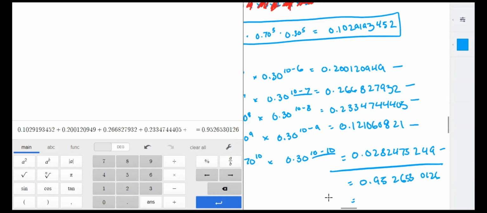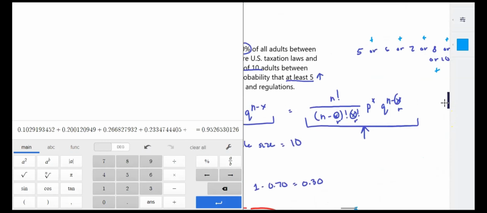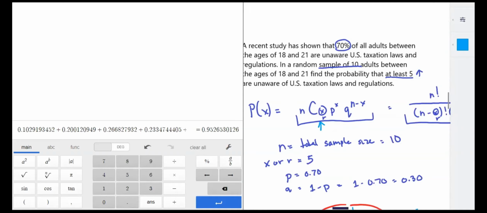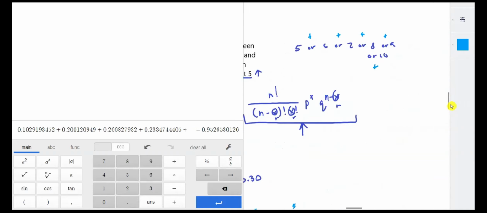Your particular homework or quiz or test problem might ask you to round to something else, but I'm going to round this to 3 decimal places, and I'm going to get 0.953. So, given this question and the information we were provided, the probability that at least 5 of the 10 in the sample are unaware of US tax laws is about 95%.